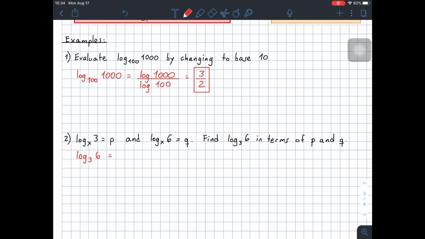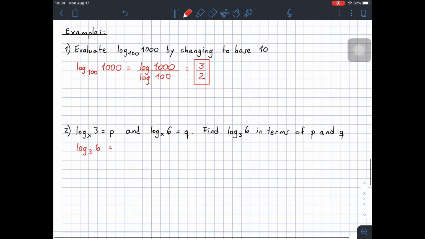Now, what pieces of information do I have in this exercise? I have that log base x of 3 is equal to p, and that log base x of 6 is equal to q. So I see that I have one base here, and another different base here. So the first thing I need to think about doing is change of base, right?